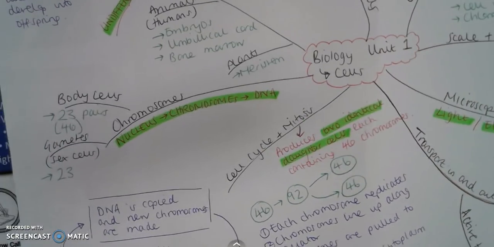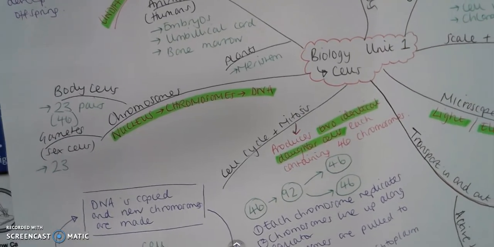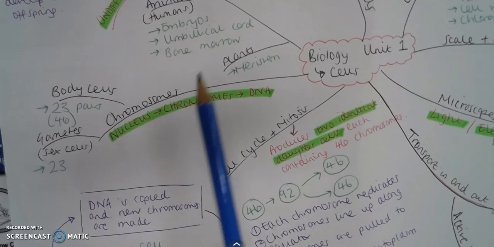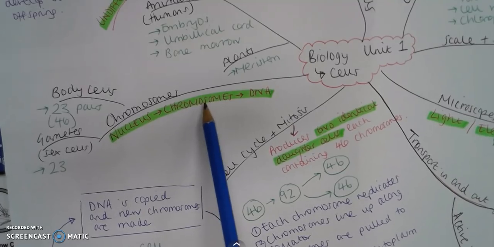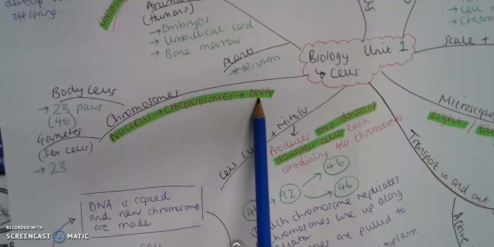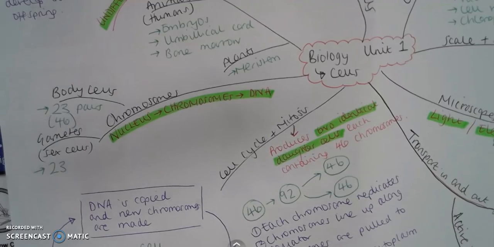Looking at chromosomes in slightly more detail again then, it's important to remember that they're found inside the nucleus of cells. So inside the nucleus you'll find chromosomes. The chromosomes are made up of DNA, and then just to add on to that, sections of DNA are what we refer to as being genes.